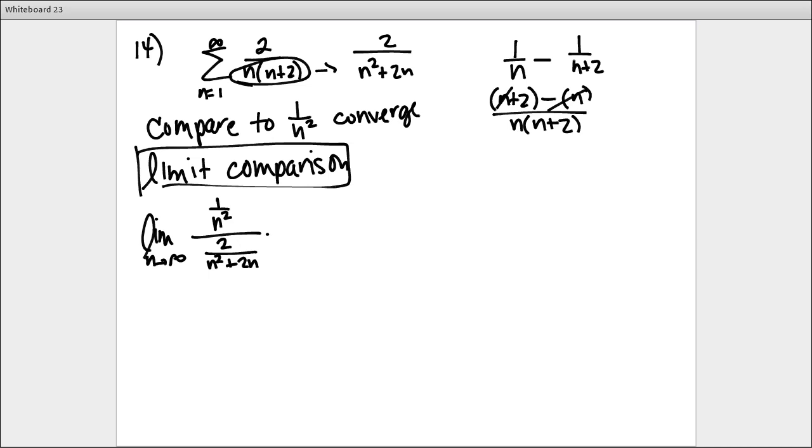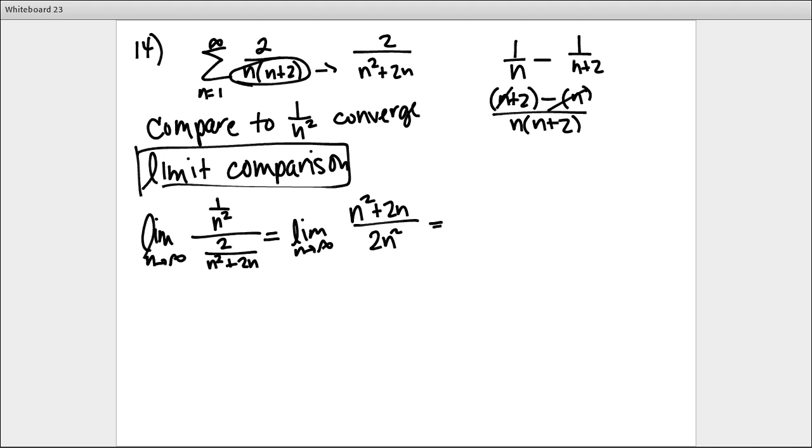Yeah. All right, so then I'm taking the limit of these two guys, which means that it's the limit as n goes to infinity of n squared plus 2n over 2n squared.